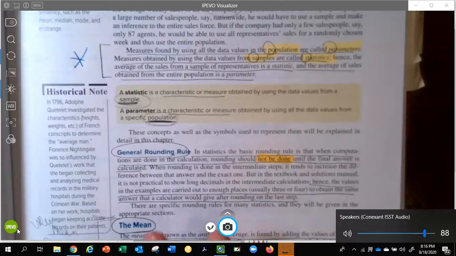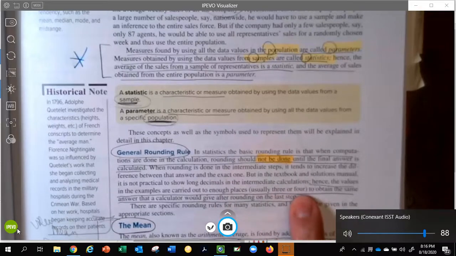We'll usually round to 1, 2, or 3 decimal places. And if you really want to write your calculations down, then you really need to go out to at least 4, maybe 5 or 6 places, and that will keep you accurate. You're now going to listen to a video from the book about how to calculate mean.